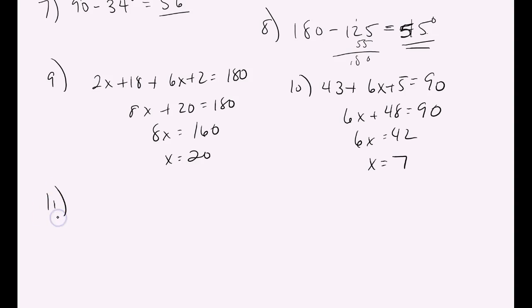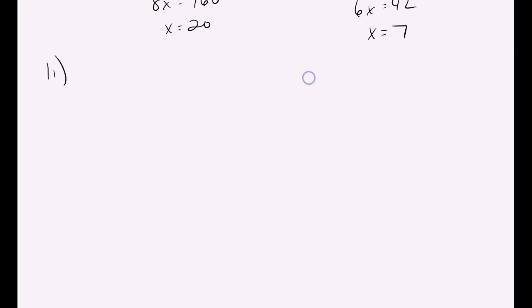Number 11, find the measure of, at least they gave you a picture, that's all I'm going to say. Okay, H, G, F, and L. So it says find F, G, H. So it wants the big one.